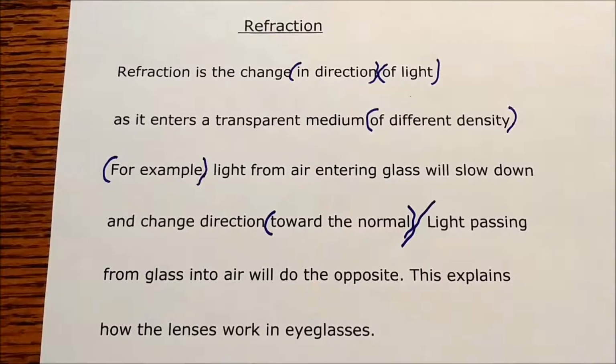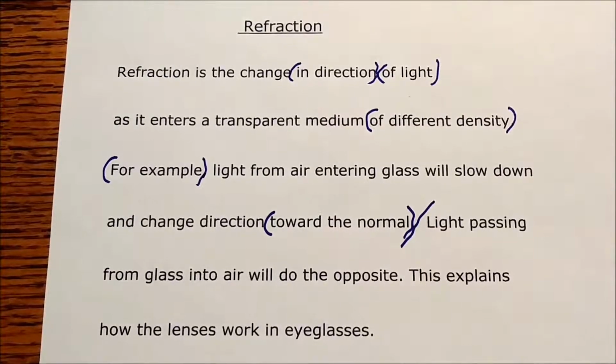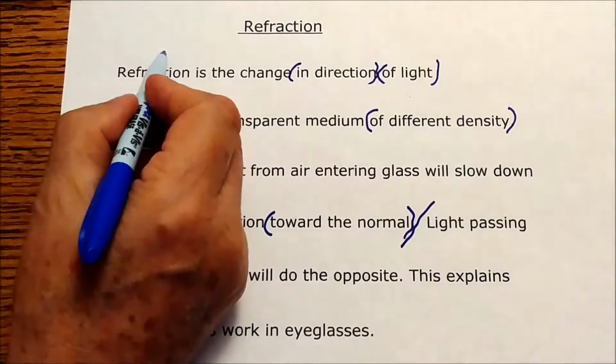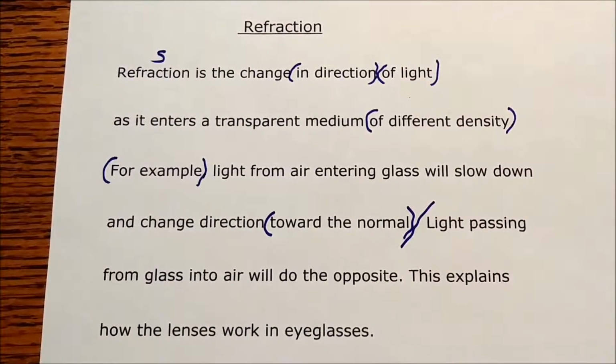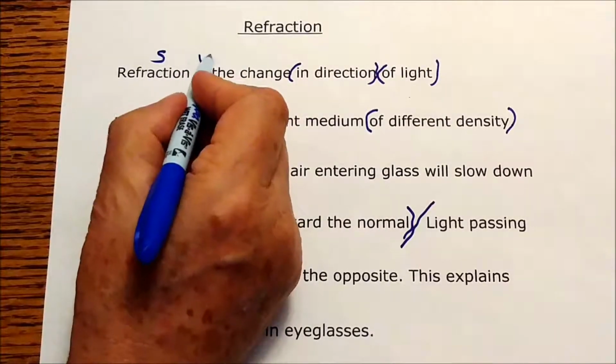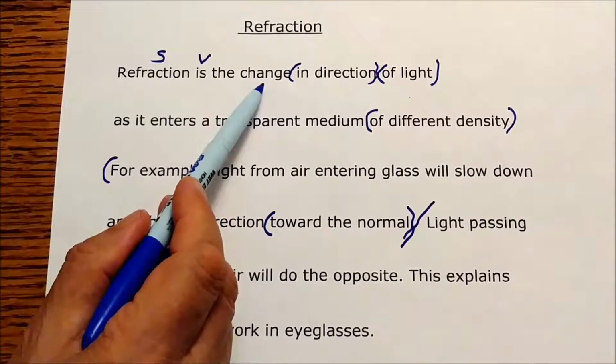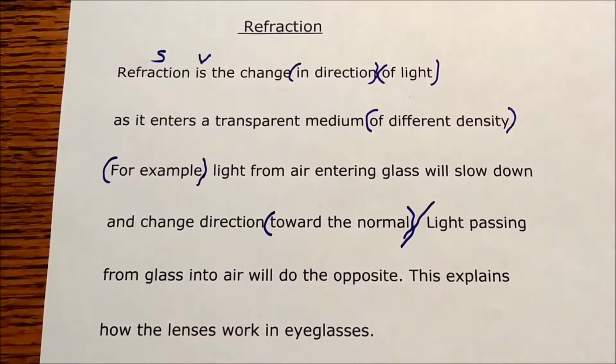and give it more body and more meaning. Let's look if we can find the subject here, and the subject seems to be refraction itself. So we're going to mark that with an S. The verb seems to be very clear, is. Okay, refraction is a change. Now you might think, is that a direct object or is that the subject equivalent?